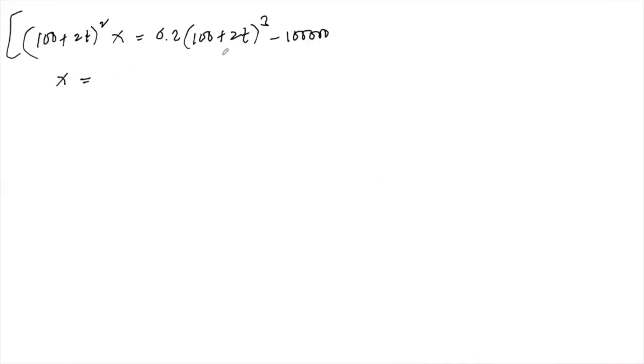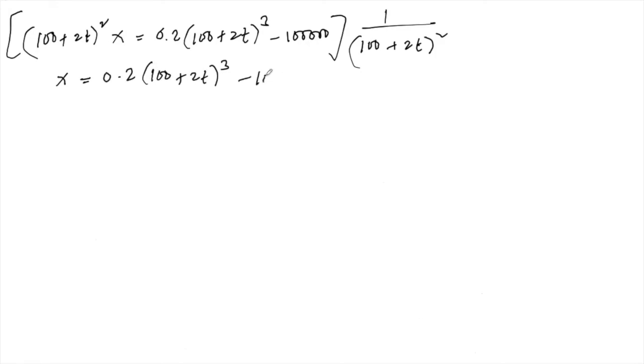Ayan, ang gagawin lang natin dito, so multiplying or dividing the entire equation by 100 plus 2t squared. So this becomes 0.2 times 100 plus 2t raised to 3 minus 100,000 times 100 plus 2t raised to negative 2 or pwedeng i-divide mo na lang.